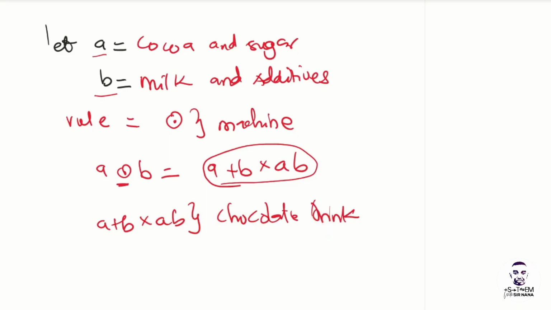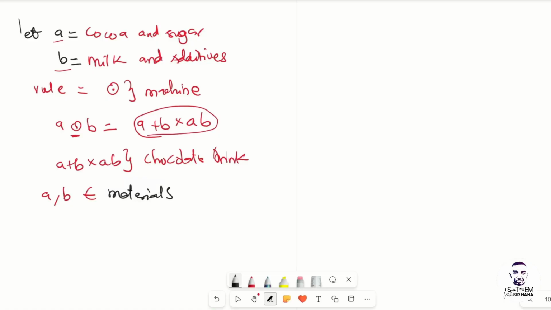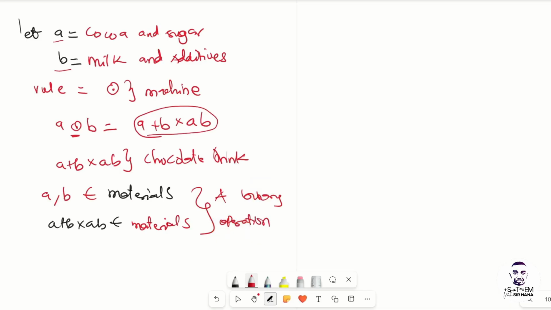Now, if we agree that A and B belong to the set of materials, and then we can say that A plus B times AB also belongs to the set of materials, then we can say that basically a binary operation has taken place.